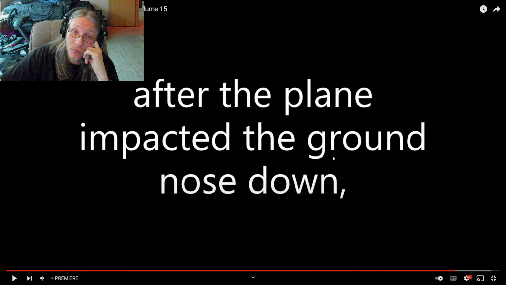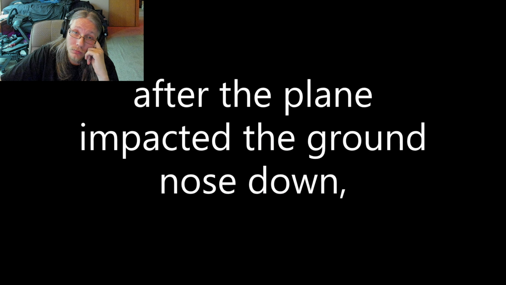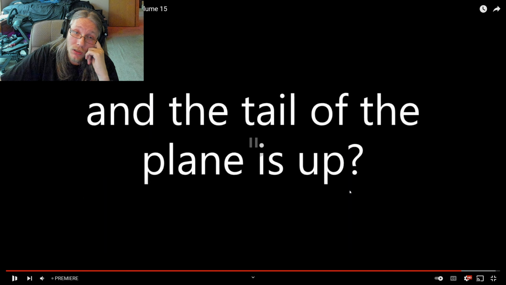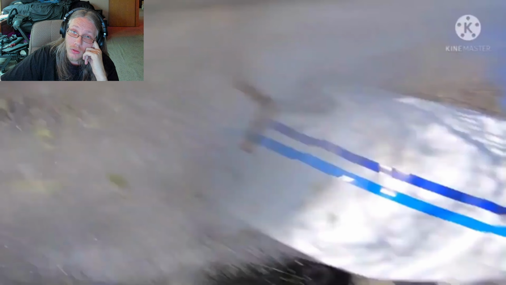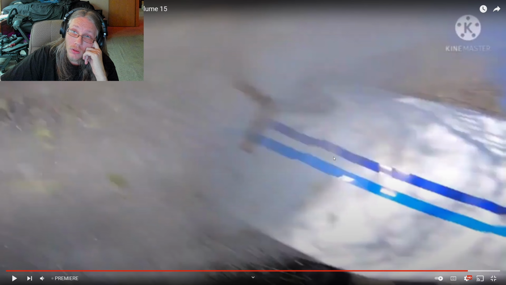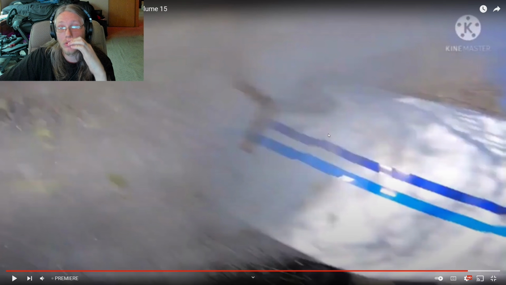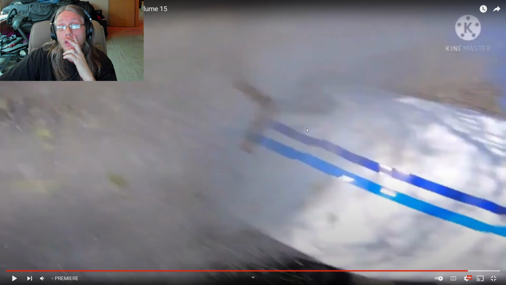After the plane impacted the ground, nose down, the tail of the plane is up, and it's up the whole time. The camera flips. You need to rotate this image properly. This is still not proper.